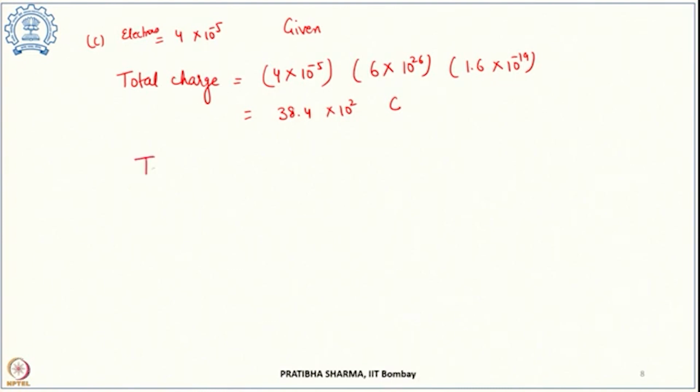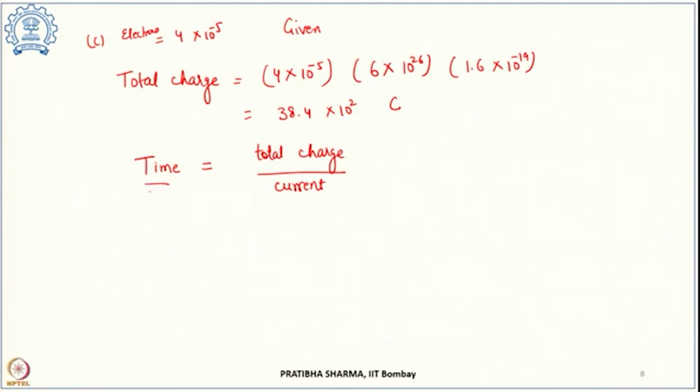So, the time required for electrolysis is nothing but the total charge which we have calculated in this step divided by the current, because the current is total charge divided by the time.